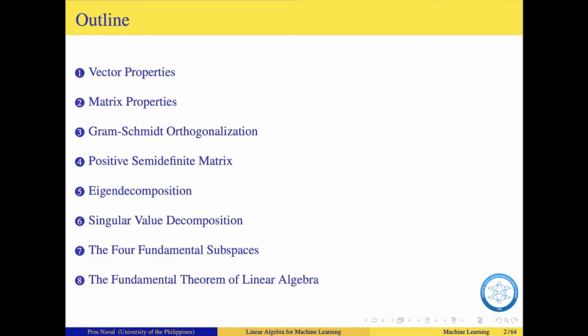We'll talk about positive semi-definiteness and its importance, eigendecomposition of square matrices, singular value decomposition of a general rectangular matrix, and we will conclude today's lecture with a brief discussion on the fundamental theorem of linear algebra.